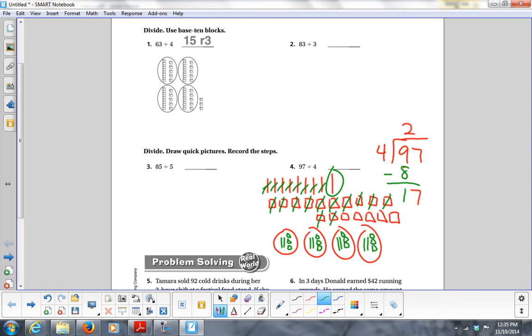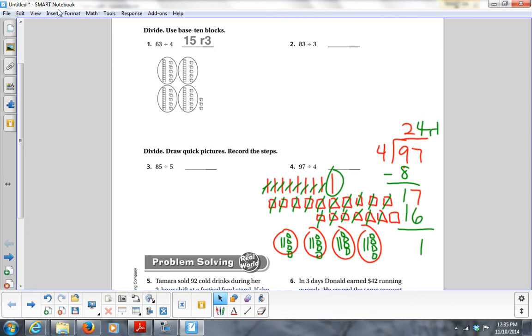And I can go another time, right? Okay, so how many blocks then are in my circle? 4. How many total? 4, 8, 12, 16. Leaves me with the remainder of 1.